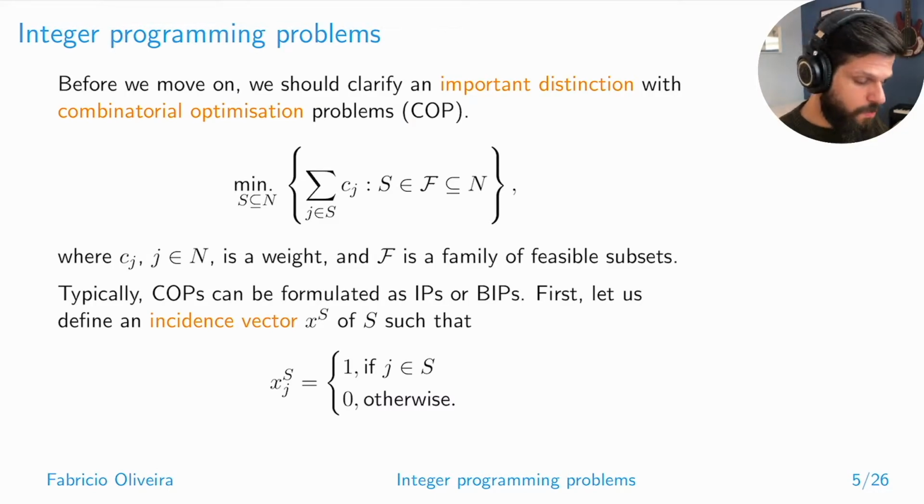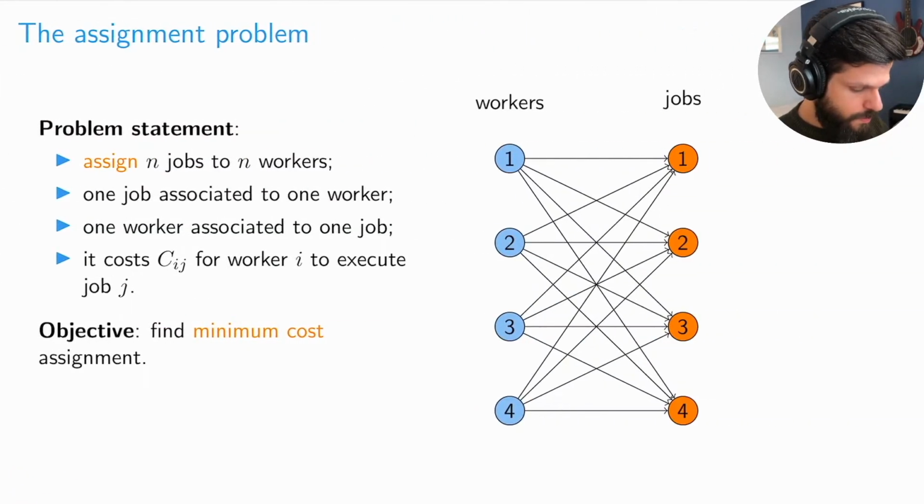So let's see how that works in different contexts. The first of them, perhaps the simplest, is the assignment problem. Here I'm posing it in terms of workers and jobs, but you can basically assign anything to anything.